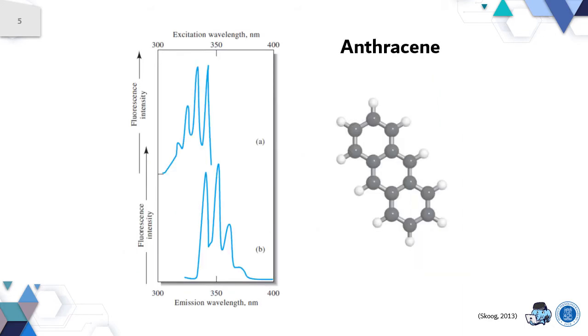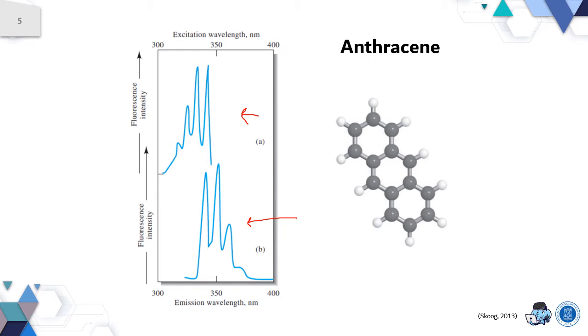And this is an example of the excitation spectrum. A here is the excitation spectrum and the other one is the emission spectrum.